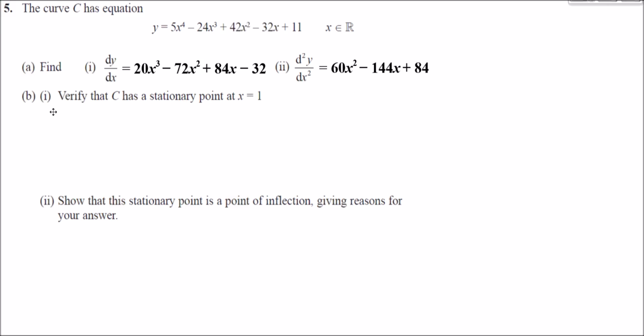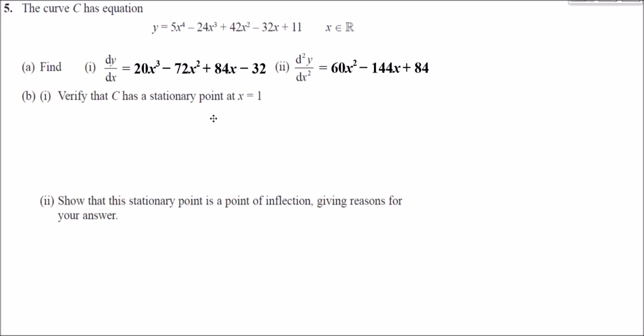Part B, part 1, verify that C has a stationary point when x equals 1. Well, if there is a stationary point at x equals 1, all that means is that the gradient is flat there. In other words, the gradient is 0. So because we've got the gradient function from A part 1, we can substitute in what the gradient actually is when x is equal to 1.